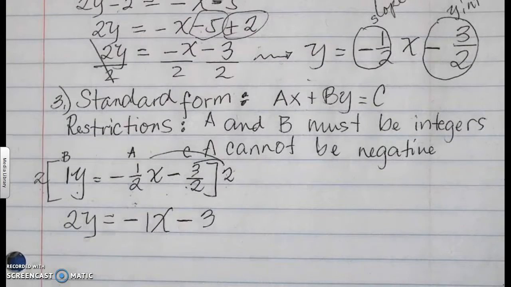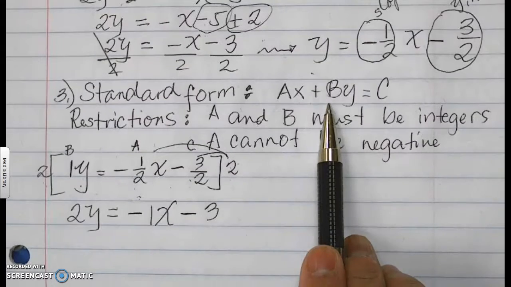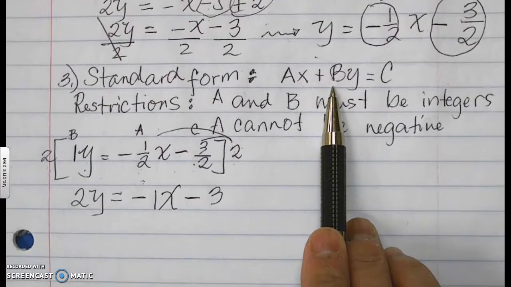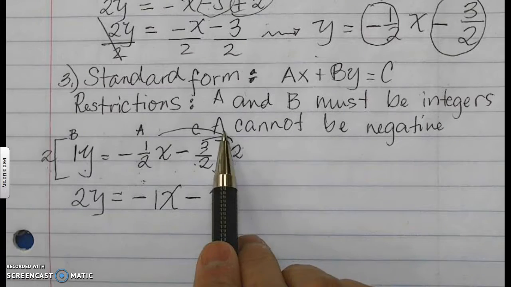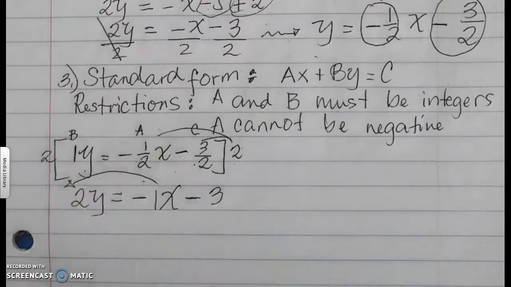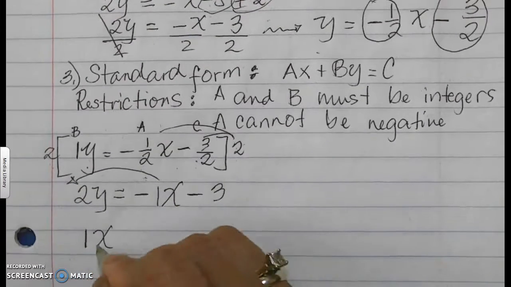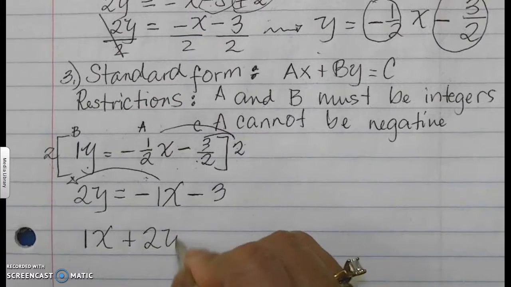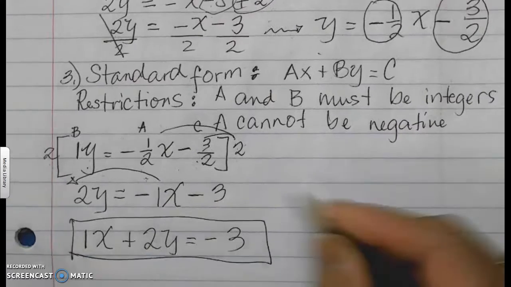So that's how it looks like. And we just have to set it up where it looks like ax plus by equals c. Watch and see how I do it. You see how it's a negative x? You can't have a negative a. So I will move this to the front. And it will become positive 1x plus 2y equals negative 3. And that's it. This is already your standard form.